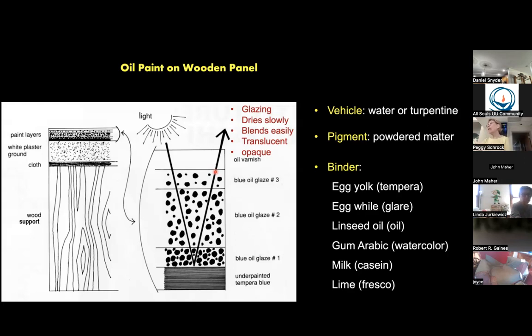So the lower layers have more pigment and oil, and then the next layer, that ratio changes, and there's more oil and more oil and more oil, so that the upper layers are a little more translucent than the bottom layers are opaque. So the light will penetrate down through these layers and bounce up. That's what gives oil its beautiful reflective quality, its beautiful power.